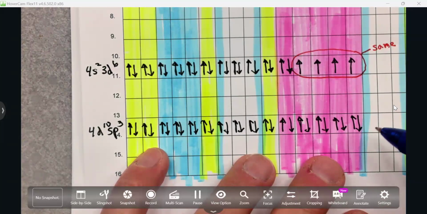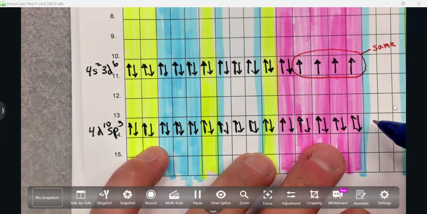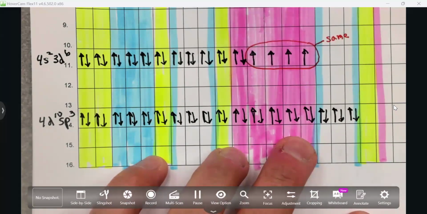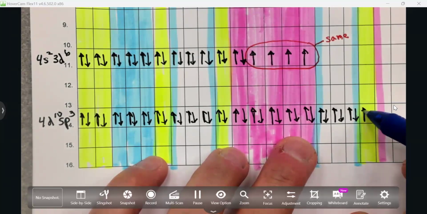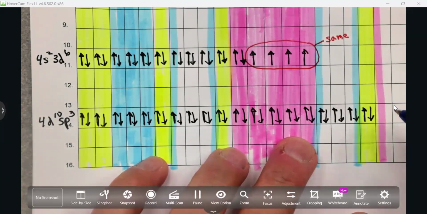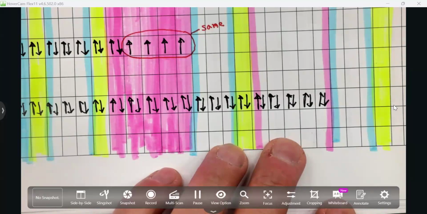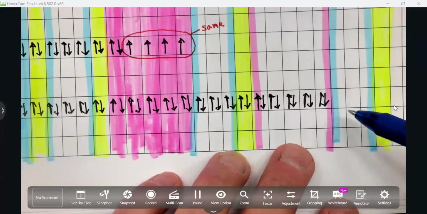3d10, 4s2, 3d10, 4p6. Then 5s2, 4d10, and then 5p3 way over here.